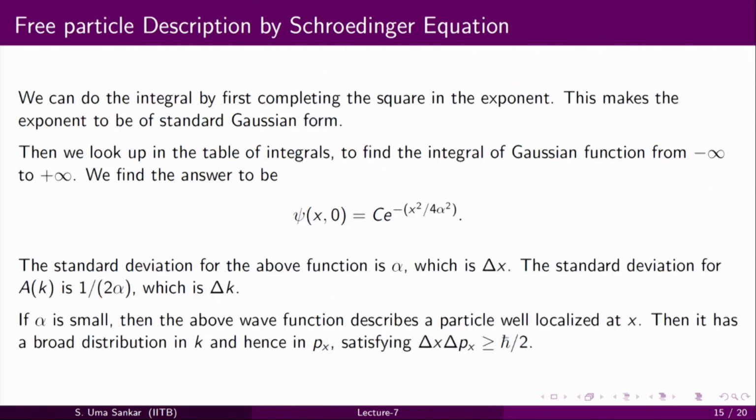It turns out to be 1 over 2 alpha, and that is delta k. And for a Gaussian, we said the product is minimum. You find delta x times delta k is equal to half, which will lead to delta x times delta p x equal to h-bar by 2.